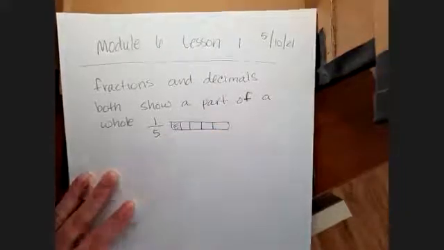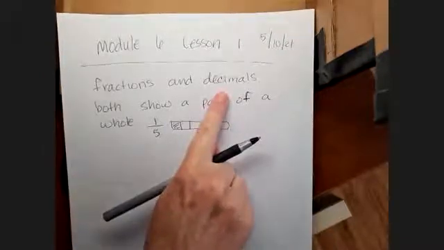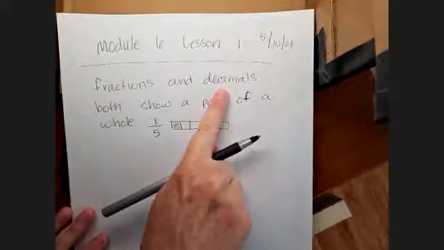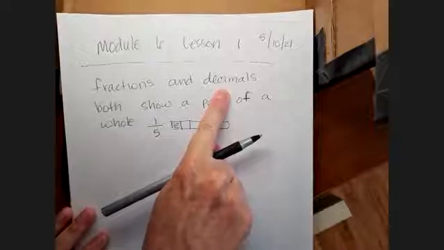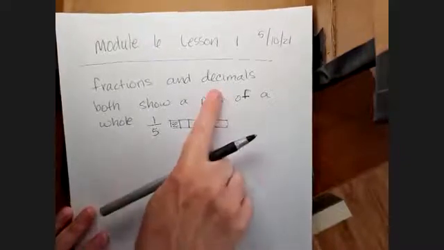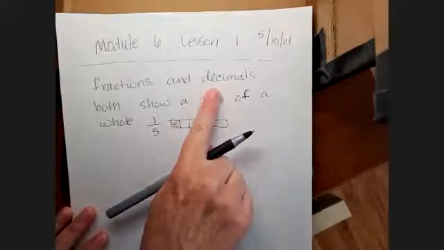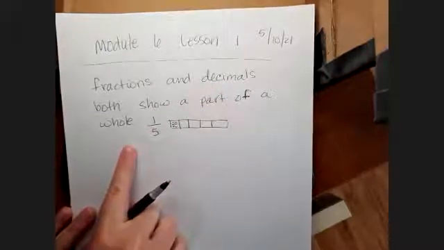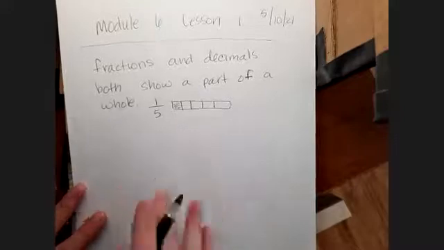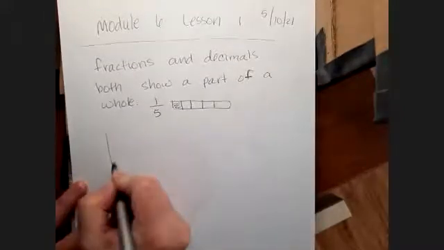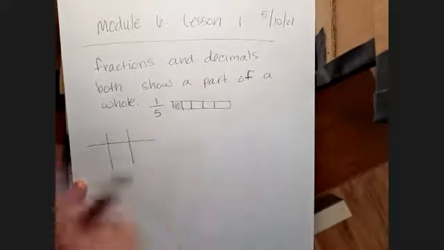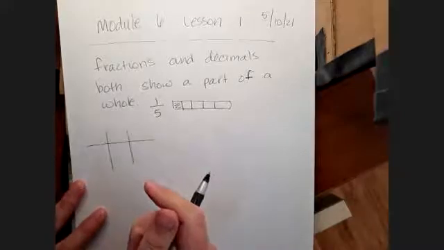The way decimals work, however, is because decimals use place value, we're going to be working with tenths, hundredths, those kinds of denominators. Just as a reminder, when we're working with our place value chart, so far we've gone all the way up to the hundred thousands and millions.